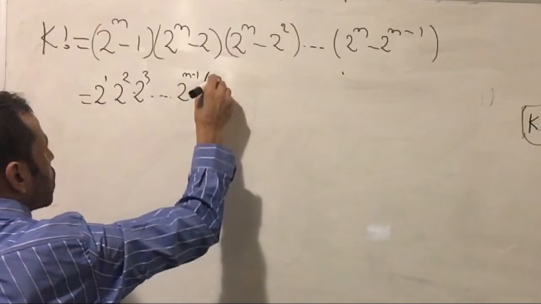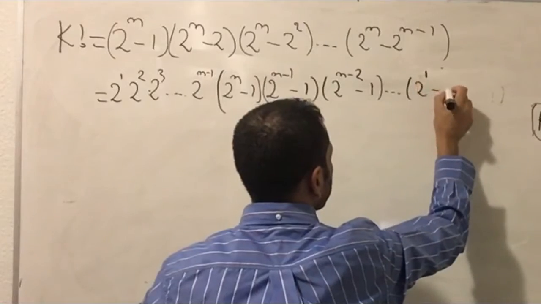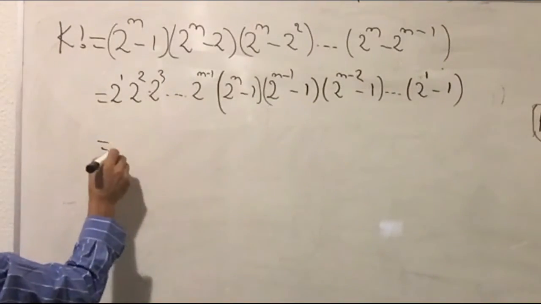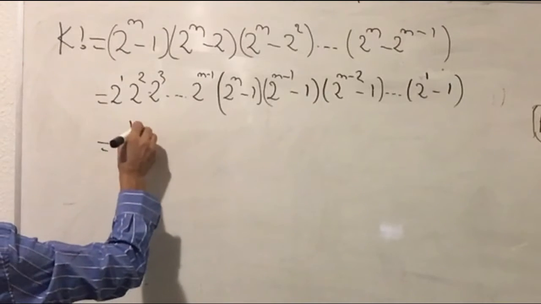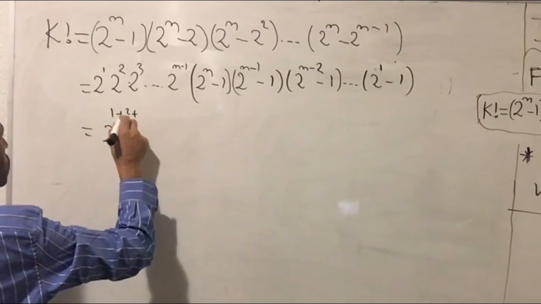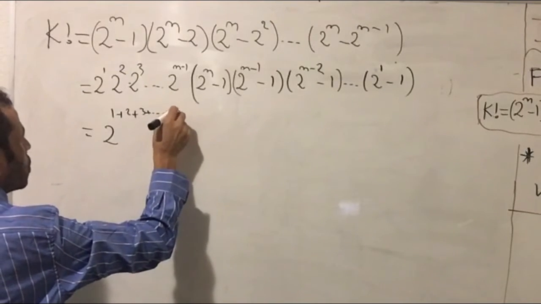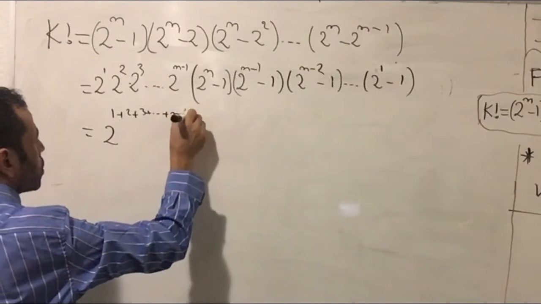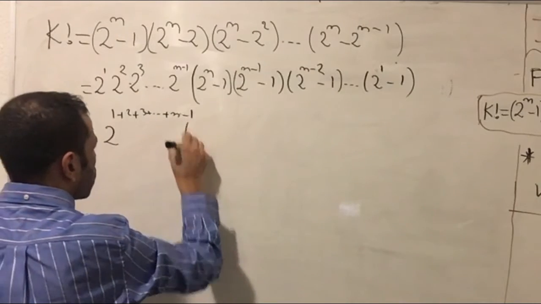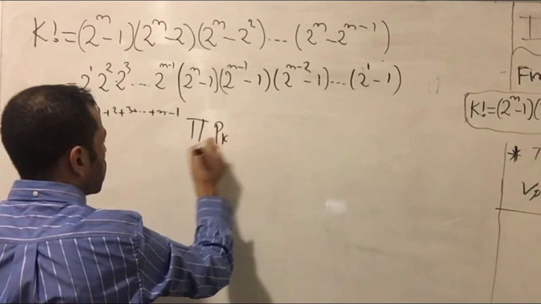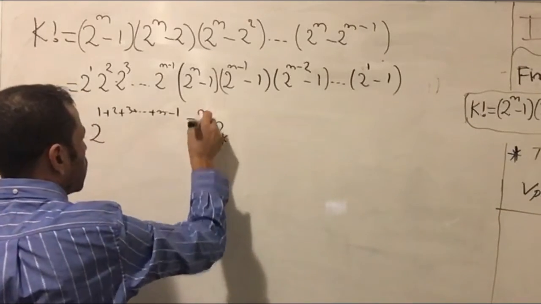Factor 2^(n−1) minus 1. So this one is giving me 2^1 plus 2, this one gives me 2^(1+2+3) and so on all the way down to 2^(n−1). Factor the product of p, k goes from 1 to n.